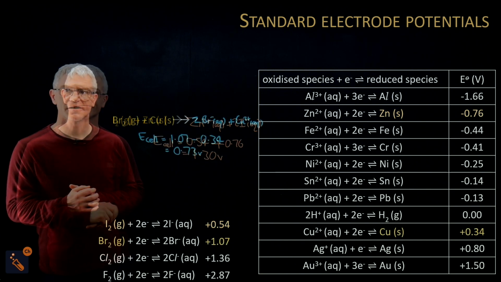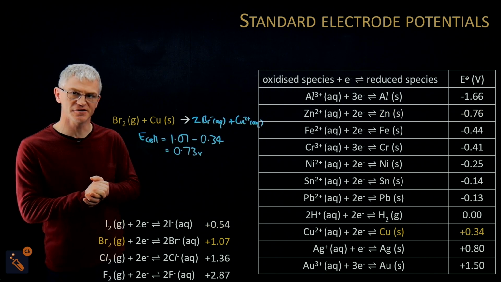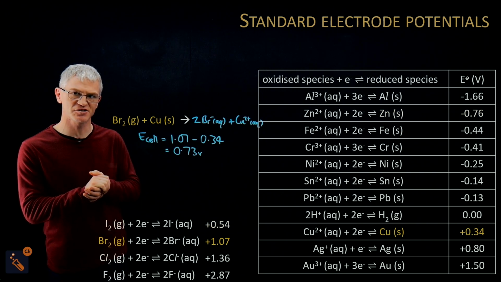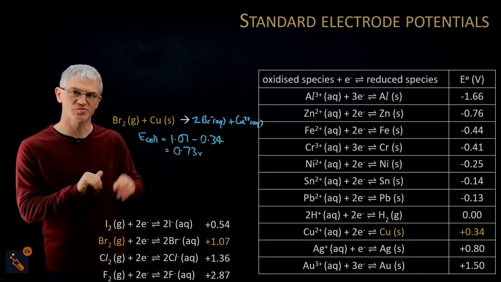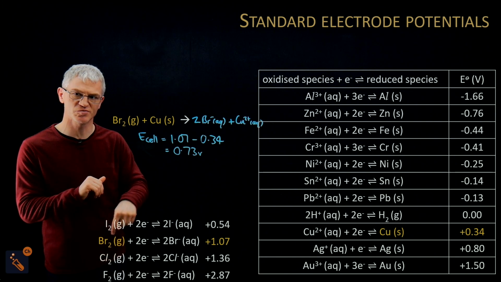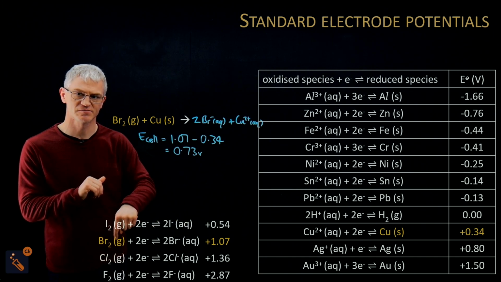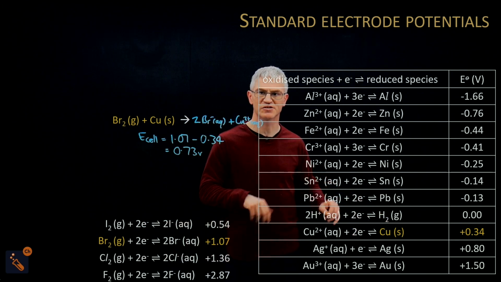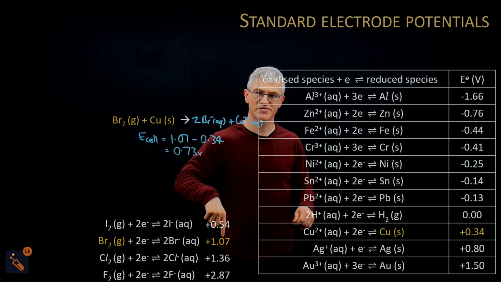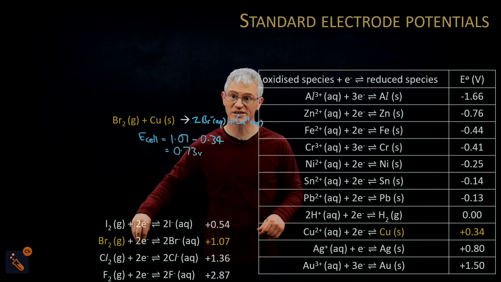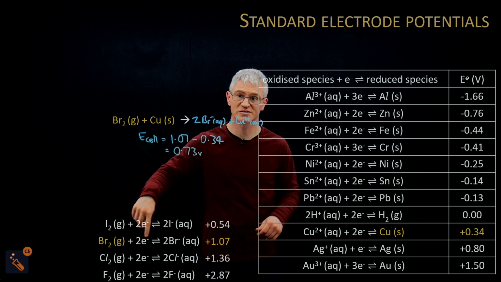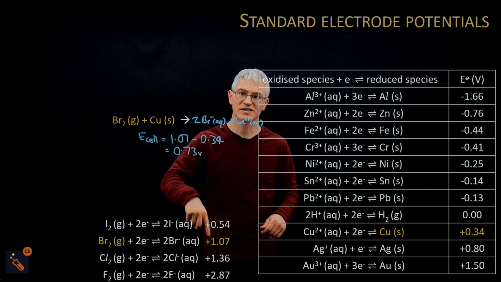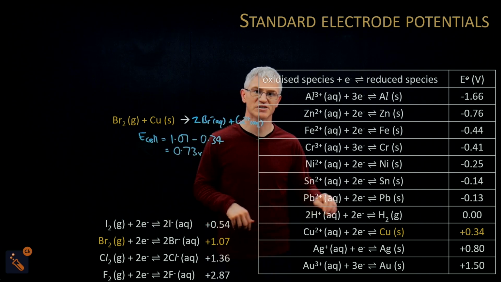Okay, our next one, we've written it out for you this time, and I'm just going to show you how we got to this point. We start with bromine and copper. Bromine can only gain, and the copper can only lose. Bromine is 1.07, so it will gain because it's the most positive cell potential.